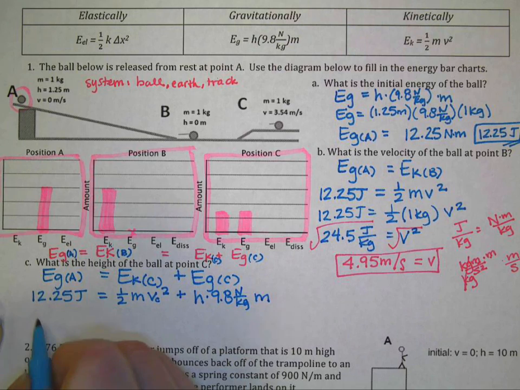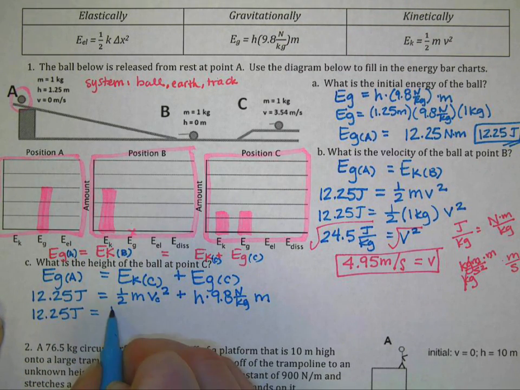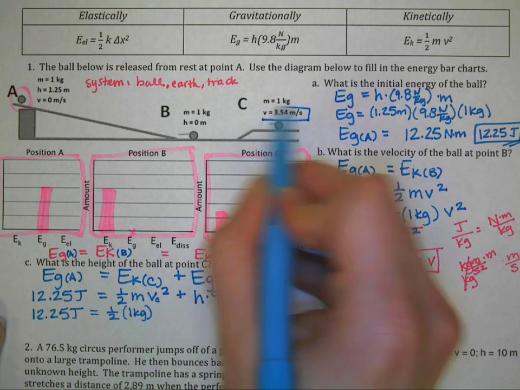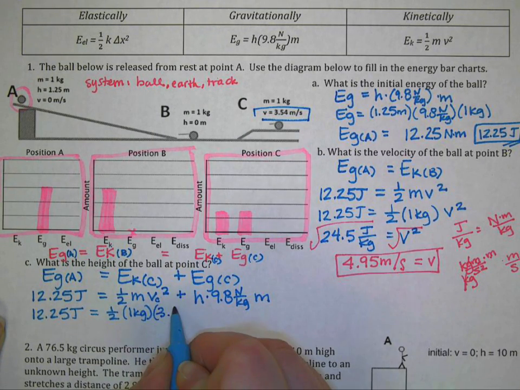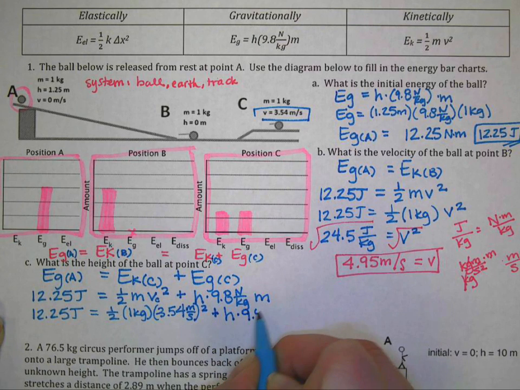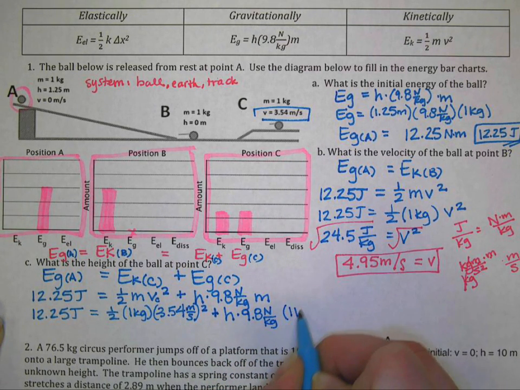We know that the mass of the ball is 1 kilogram, so 1/2 times 1 kilogram times the velocity at point C, which is given as 3.54 meters per second, and that's quantity squared, plus height, again what we're looking for, times 9.8 newtons per kilogram times the mass of 1 kilogram.